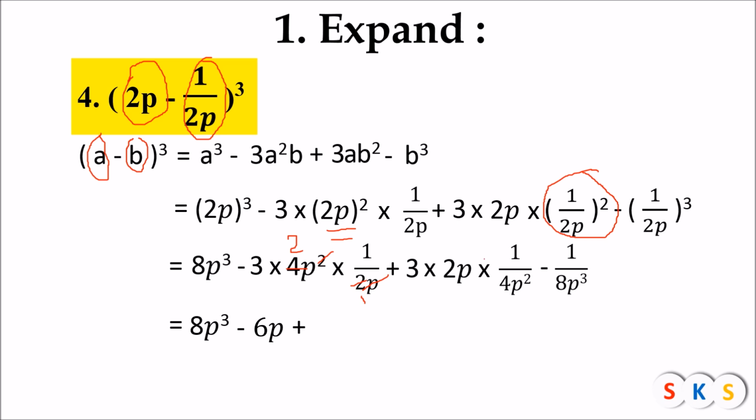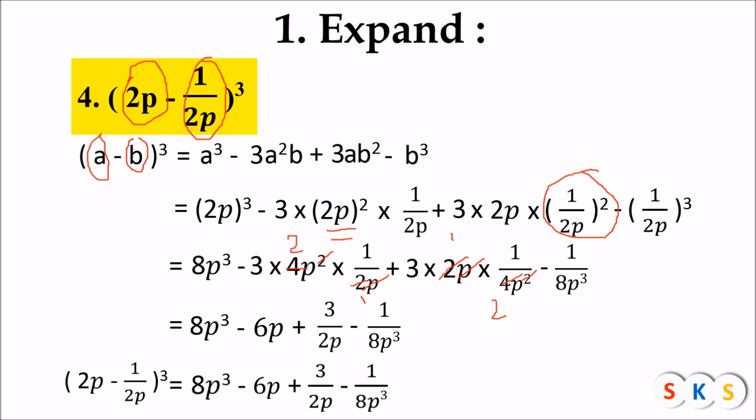We can cancel one of the p from over here. 2 ones are and here 2 twos are. So what will we get here? 3 into 1, that is 3 upon 2p, minus 1 upon 8p cube. So 2p minus 1 upon 2p the whole cube equals 8p cube minus 6p plus 3 upon 2p minus 1 upon 8p raised to 3.